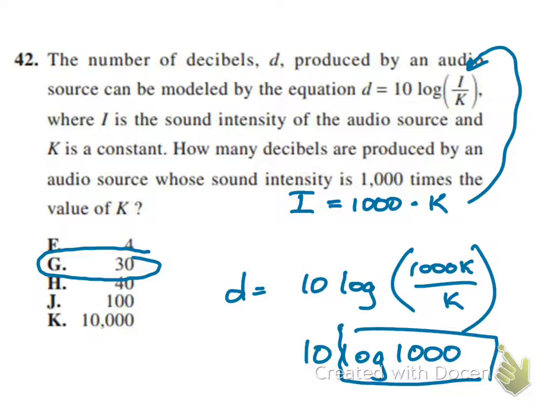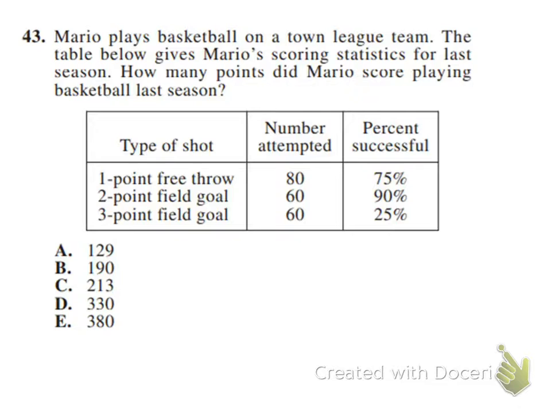The third power of 10. So log of 1,000 is 3. 3 times 10 is 30. And if you know logs real quickly, then you can go straight to the 3 and the 10 and the 30 and never have to touch your calculator. Okay? But that's a little advanced for juniors. That's going to be a pre-cal or a cal skill where you really get that comfortable with logarithms.